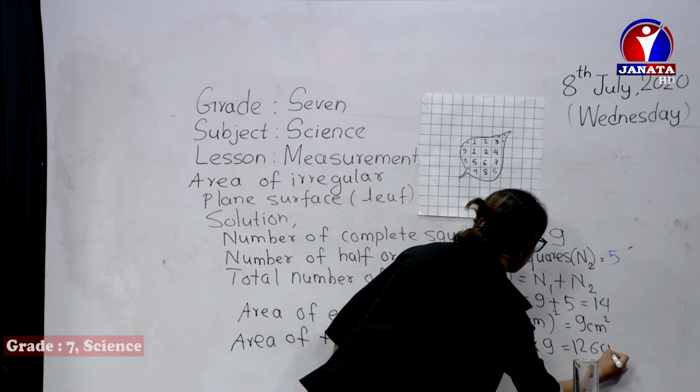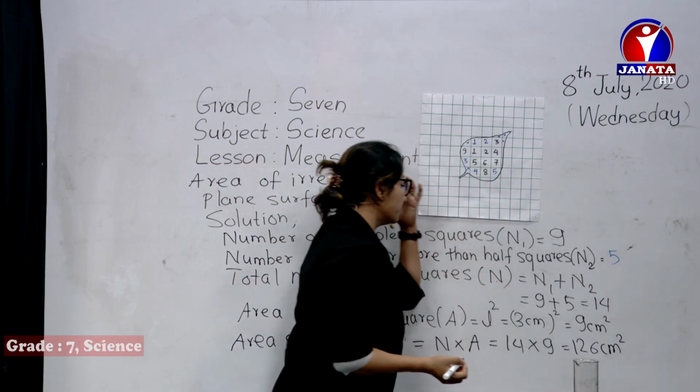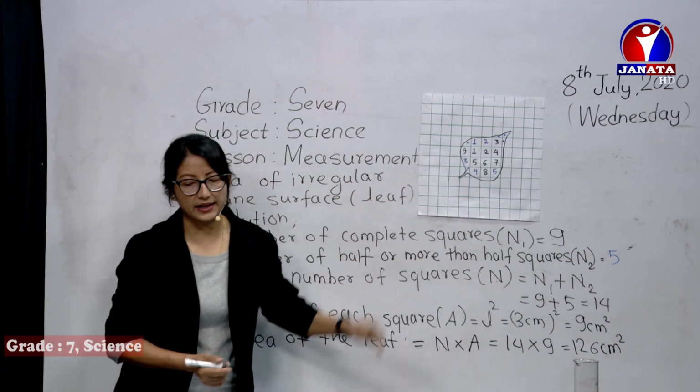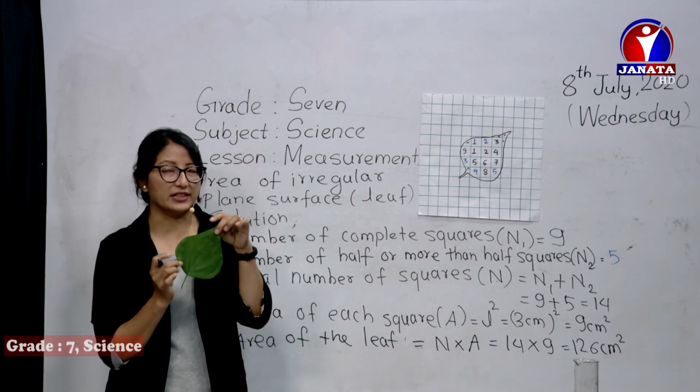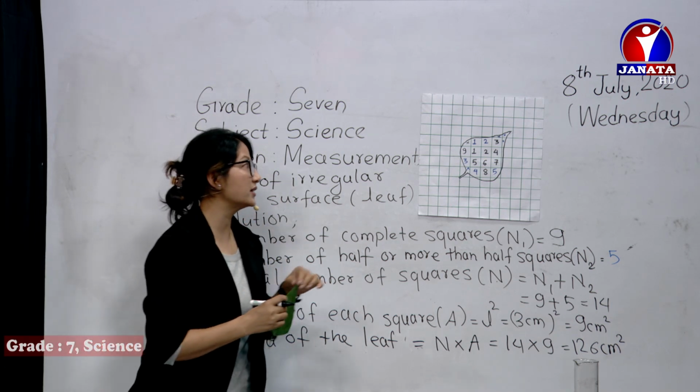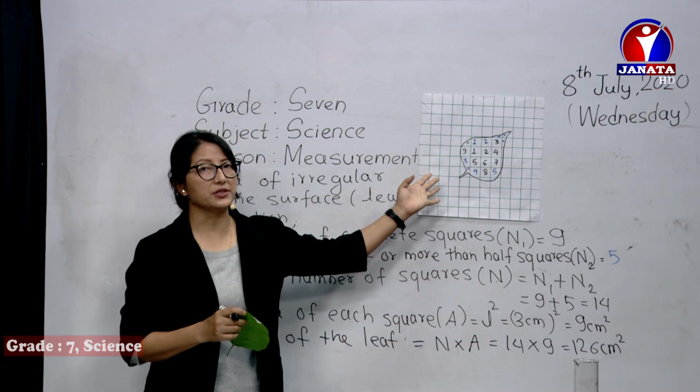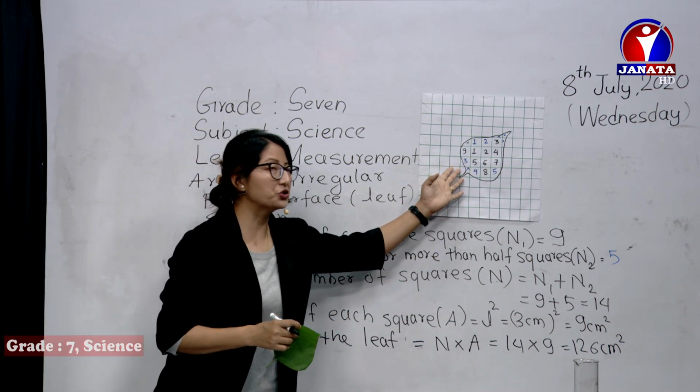So 126 centimeter square is the area of this surface of the leaf. Like this, we can calculate the area of an irregular object by using graph paper.